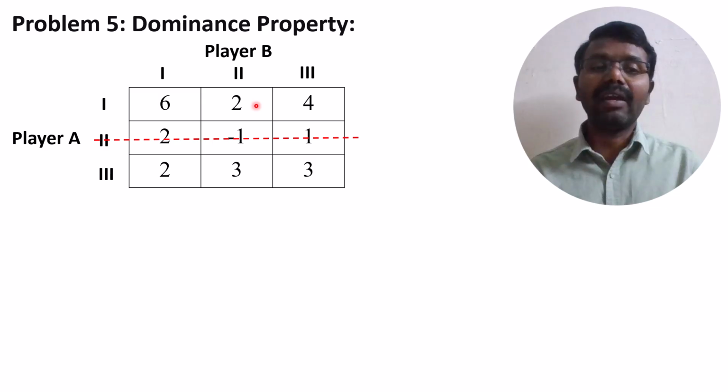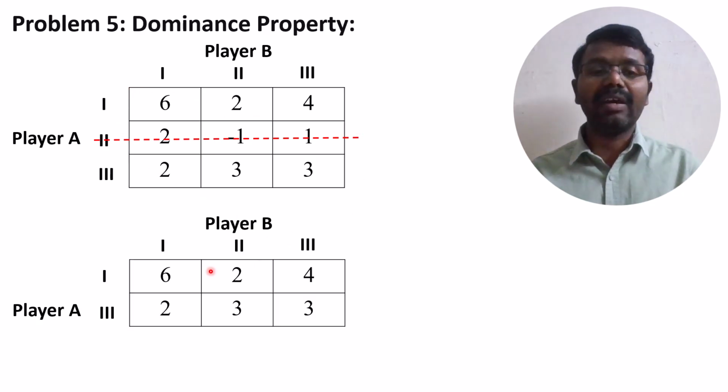So neither is 1 dominating 3, nor 3 dominating 1. That means we can't delete any row further. So now let us write another payoff matrix with 2 rows, with strategy 1 and strategy 3, so this will be a 2 by 3 matrix.